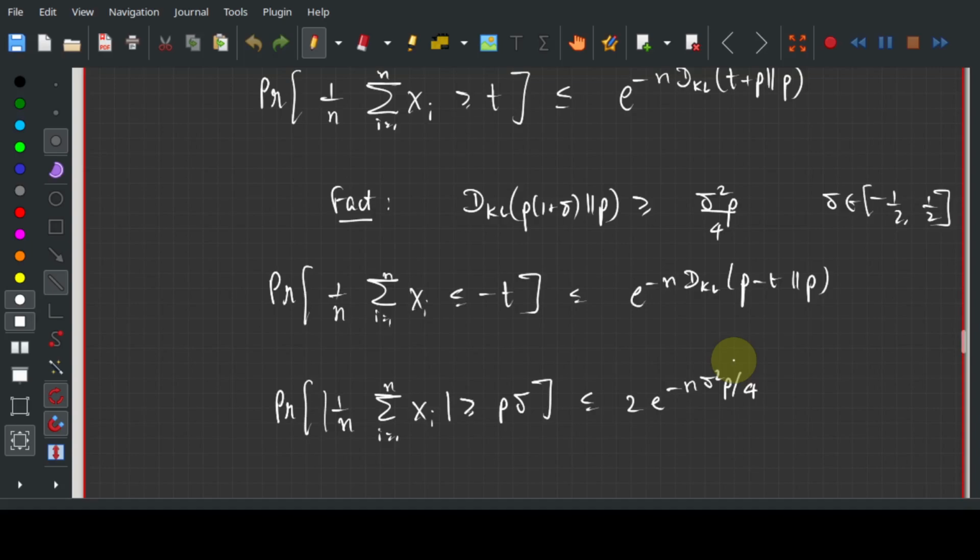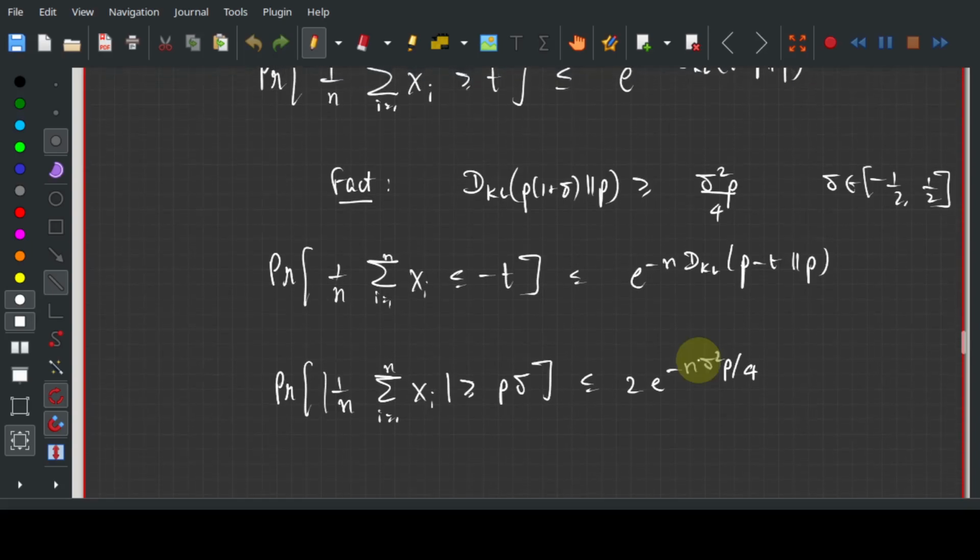Okay, and you can generalize this to even tail bounds for the empirical average 1 by n summation i equal to 1 to n of xi. The probability that this is greater than or equal to some t is less than or equal to e to the minus n times some constant times t square. Right, so this is the tightest possible tail bounds that we'll generally hope to expect.